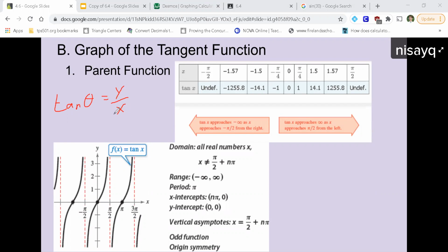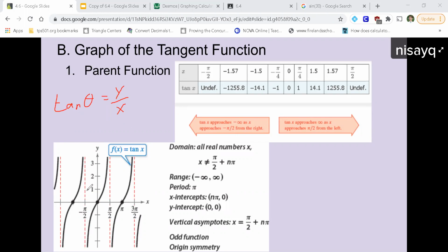The denominator is 0 on a unit circle whenever the x value is 0, which would happen at 90 degrees when your point is 0, 1, and negative 90 degrees at 0, negative 1, right? On the y-axis at 90 degrees and negative 90, which is the same as pi over 2 radians and negative pi over 2.